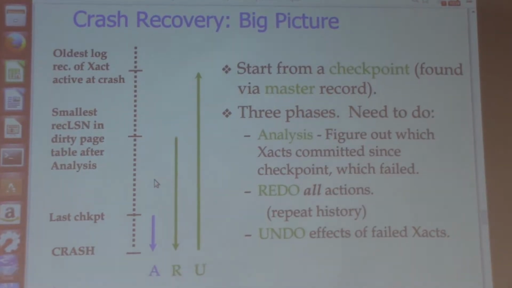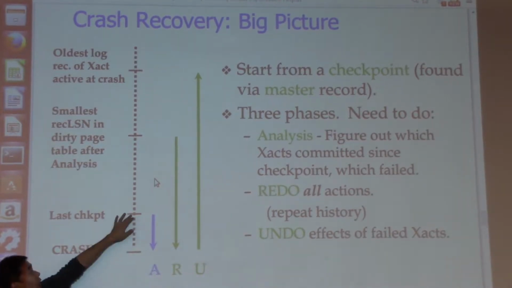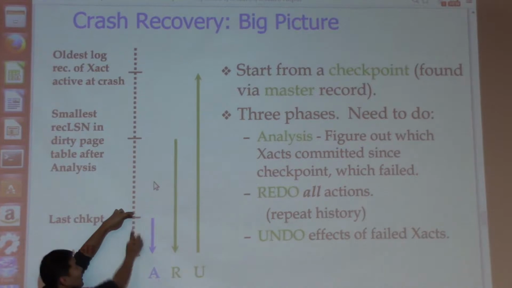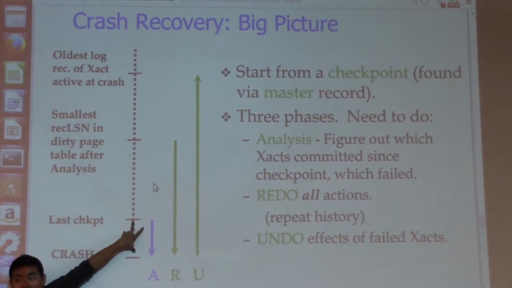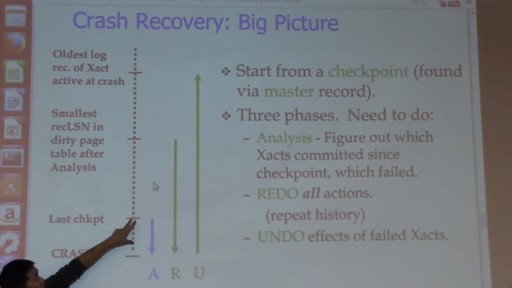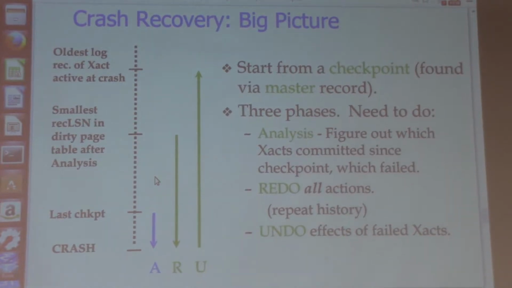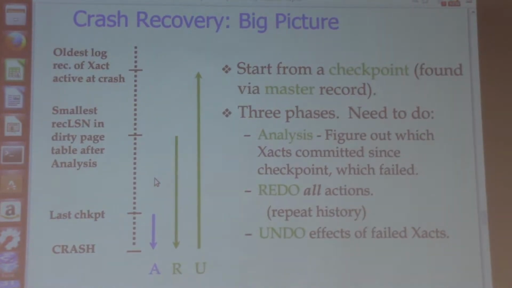Because the recovered dirty page table gives you the content of this page at this point. Things that happen here are gone forever, unfortunately. The buffer manager from here to here may have come to the dirty page table multiple times and eliminated a bunch of entries. You follow me?